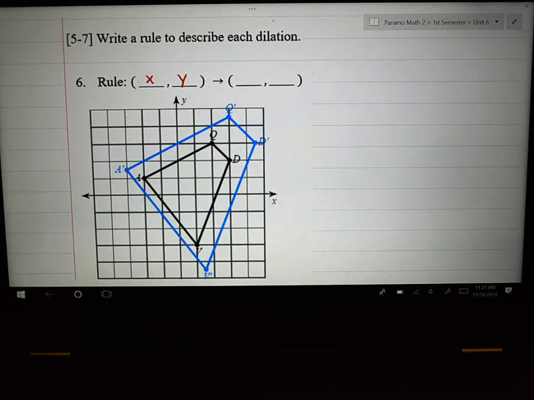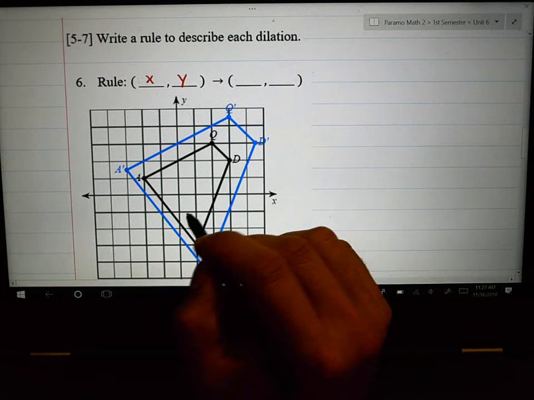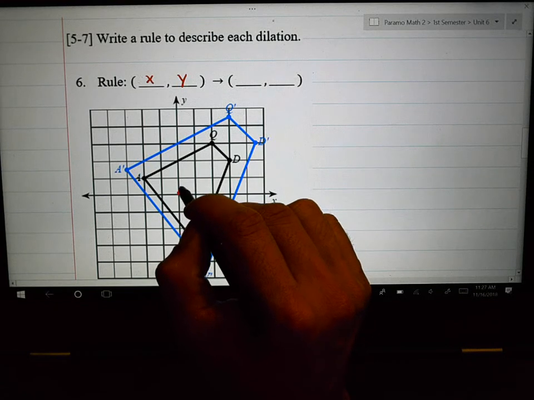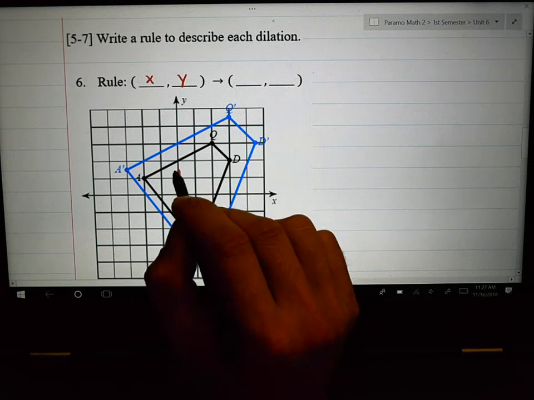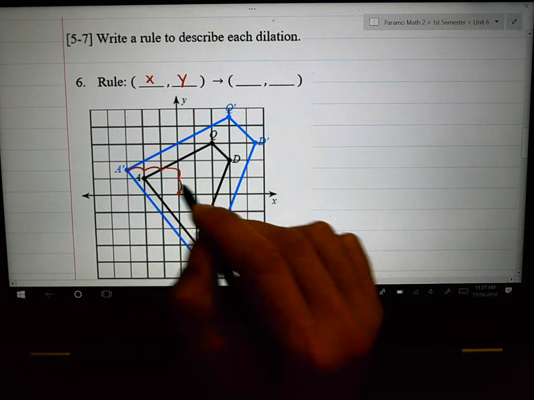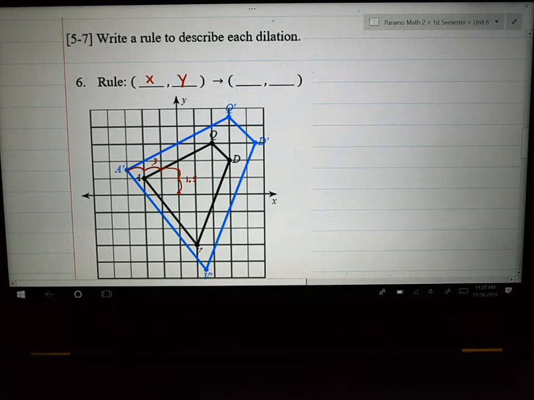Here's what I do. I take the image. I pick a letter. Let's pick the letter A. I go image first. I went up 1.5. I'm going to go to A prime. 1, 2, 3. I went up 1.5. I went over 3.